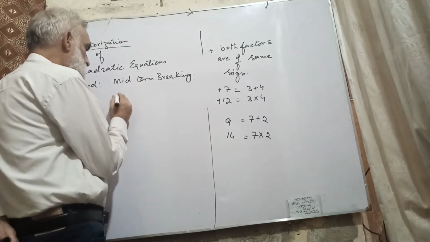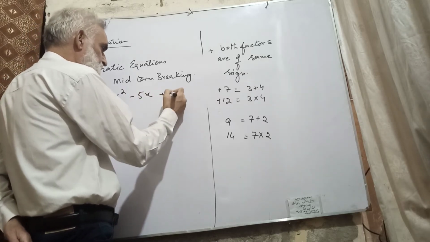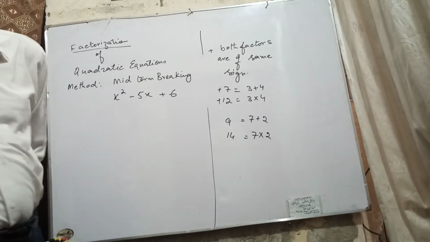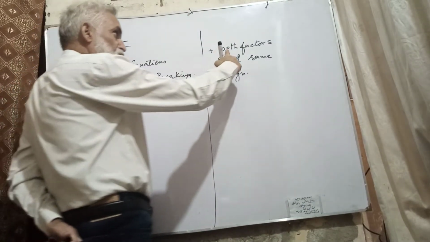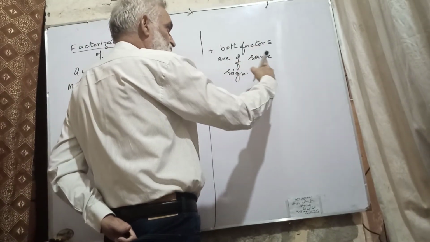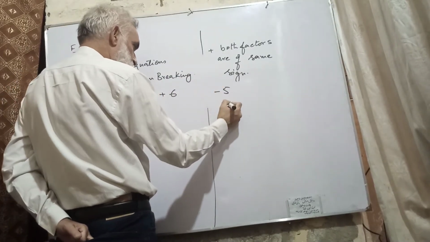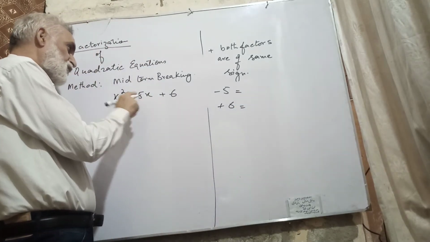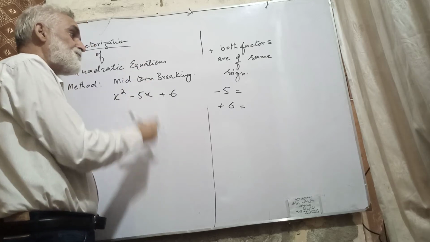Suppose we have x squared minus 5x plus 6. Again this is a plus sign, so both factors are of the same sign. It means minus 5 and plus 6. So we need two numbers. When we add them, we get minus 5, and when we multiply them, we get plus 6.